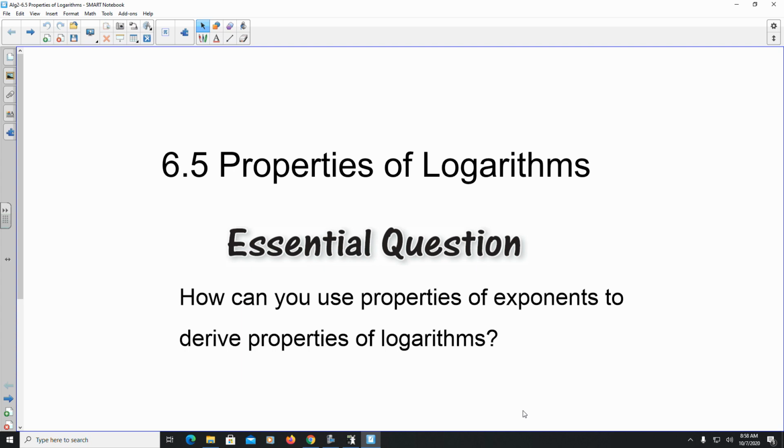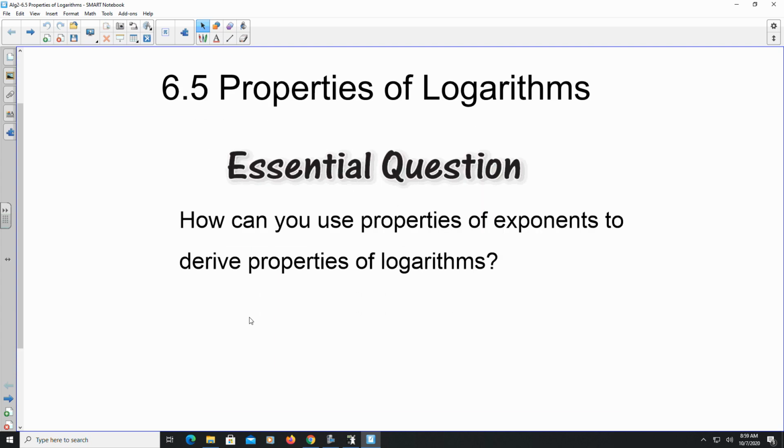What we are going to do is look at two different things when it comes to logarithms. The first thing that we're going to look at is being able to expand a logarithm.